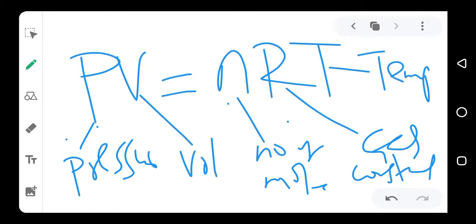So these are the 5 different gas law equations: the Charles law, the Boyle's law, the pressure law, the general gas law equation, and the ideal gas law equation.